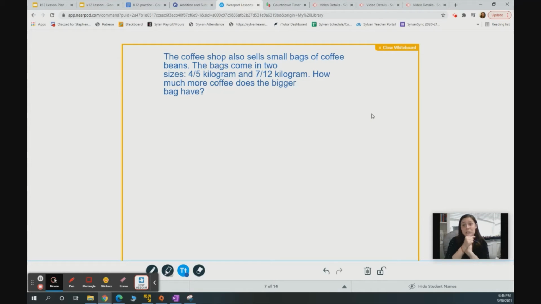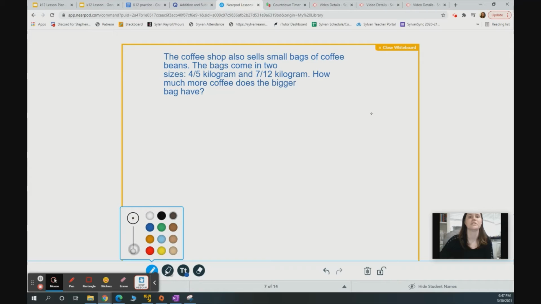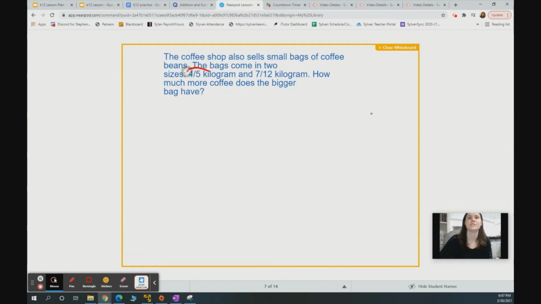Okay, so those are my two numbers with their units. So remember, our cube says the first step is to circle numbers and their units. So we have to circle these. So let me make sure we are doing this correctly. So we're going to circle our numbers with their units. Kilograms is the units. That's how we're measuring it.